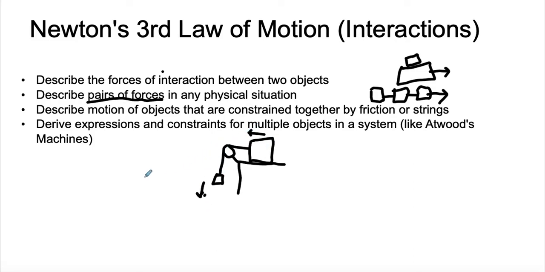So being able to derive these expressions. If there is no rotational inertia on this, the tension of the string down here and the tension of the string up here, that is your interaction force, and they are the same forces in opposite directions. So when you have systems of objects, you have to consider all of these things.